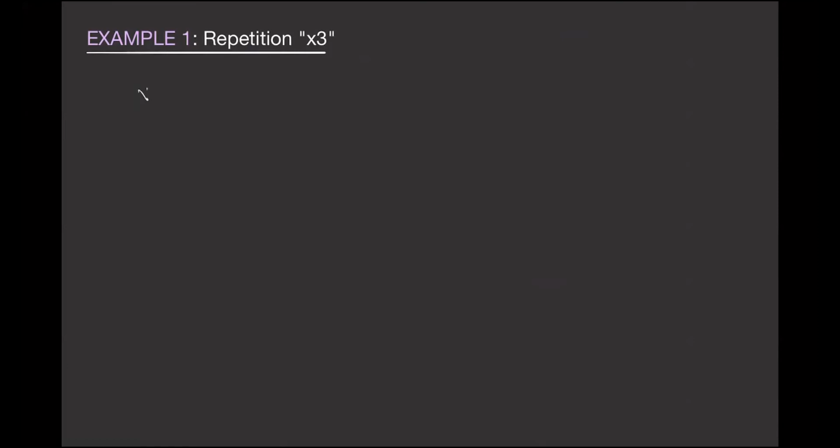You have x double prime plus 3x prime plus 2x is equal to t e to the negative 2t. And we'll even change this value so we get 4. Okay, say we have this.